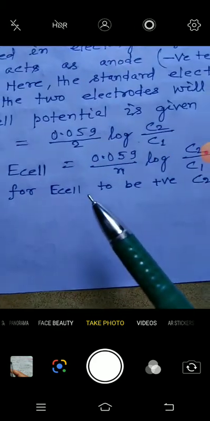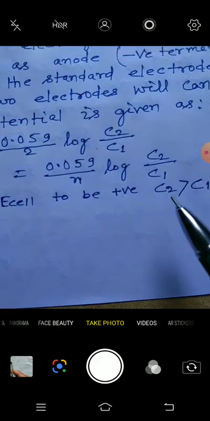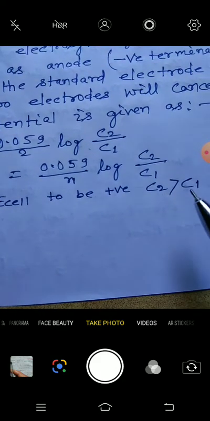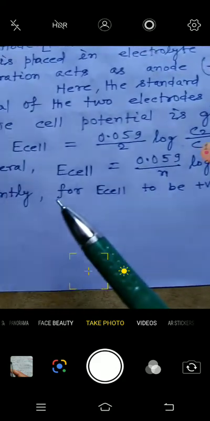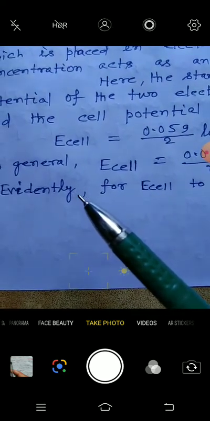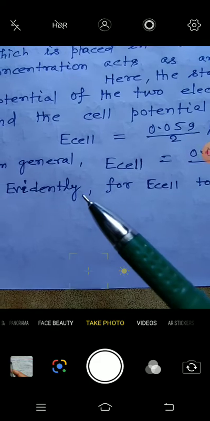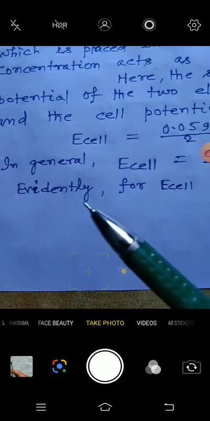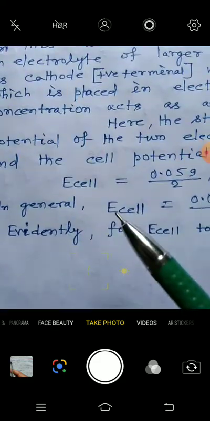Evidently, for E cell to be positive, C2 must be greater than C1, because the electromotive force should not be negative for the feasibility of a cell reaction.